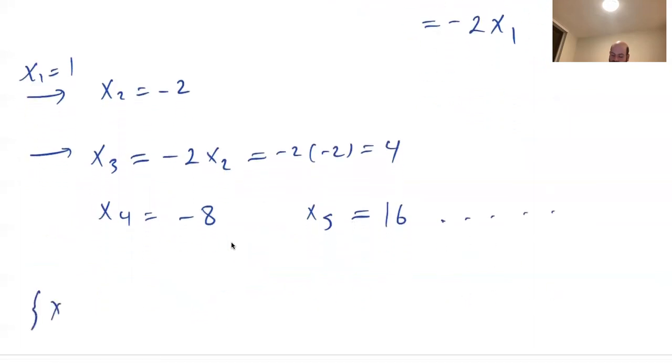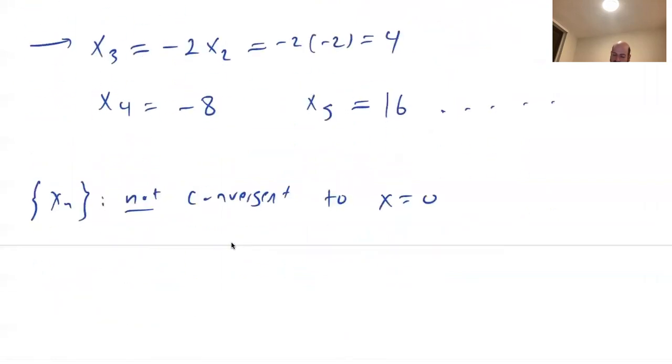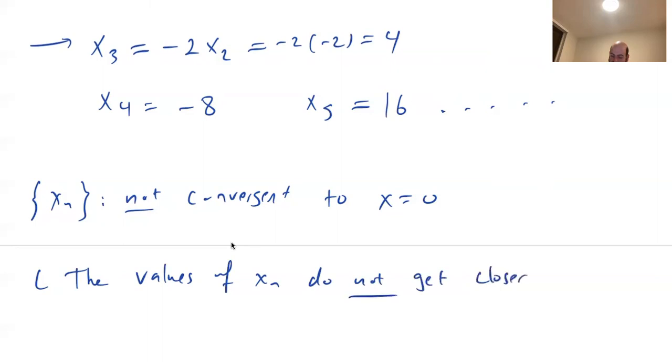So xn is not going to converge to x equals 0. Not convergent to x equals 0 means the values of xn do not get closer and closer to 0 as n gets larger and larger.